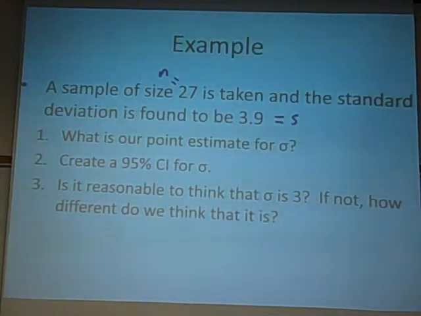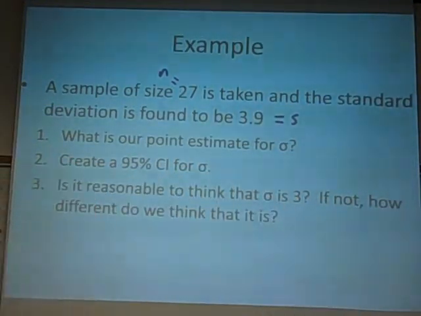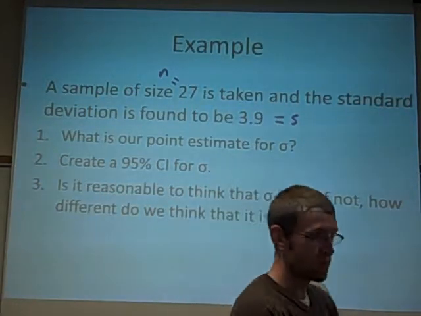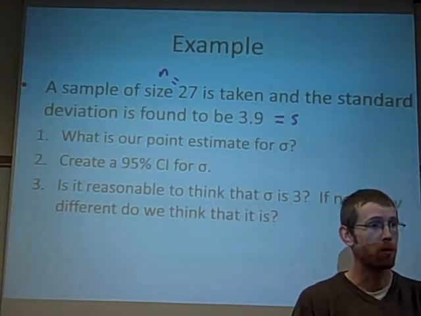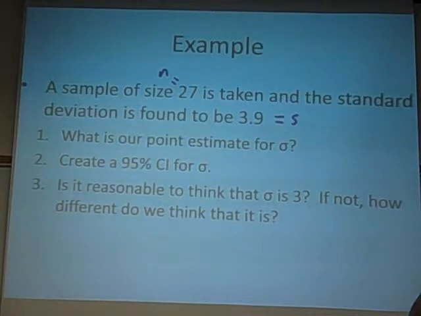Okay, so the first thing I'm going to ask here is, what's the point estimate for sigma? 3.9. s is probably going to be our best estimate for sigma. Now, one thing I should mention is, when we did a point estimate for mu, we just said it's x bar. X bar is a really good point estimate for mu.